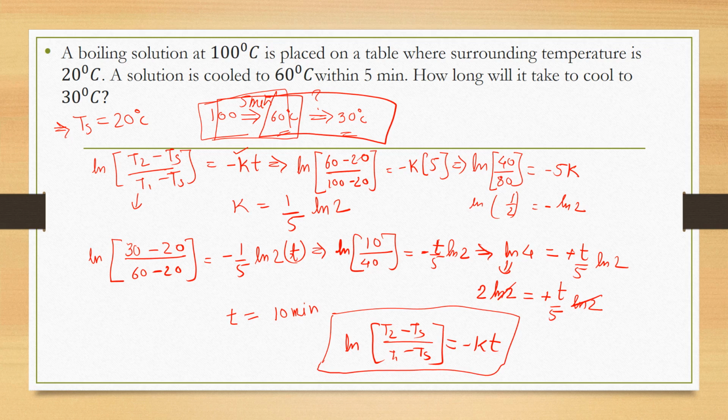So I will provide you one question in the description which is quite similar to this problem. So just go through that problem and try to solve the question, and I will give the solution along with that question. Just first of all try to solve on your own and just cross verify your final answer. I will just provide you the final answer.